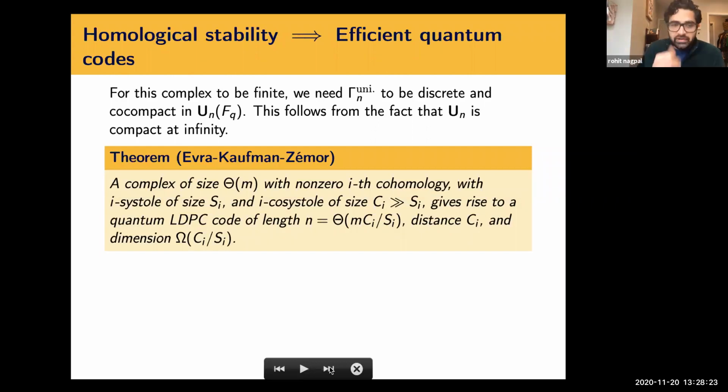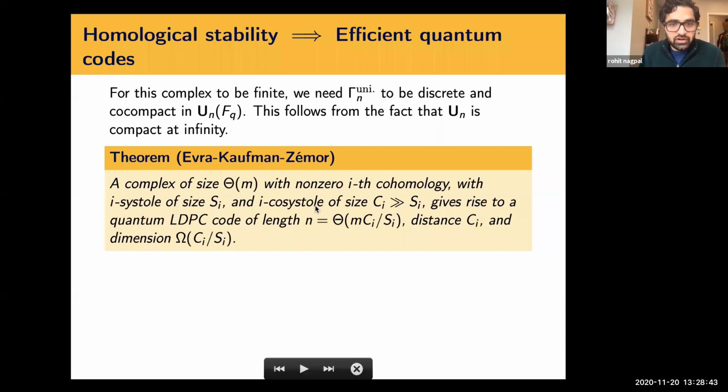The parameters for this code are going to be length, distance, and dimension. They are the parameters of a quantum code. Let's not go too deep into that, but the main point is that if you are starting with the Ramanujan graph, then it satisfies all these conditions about co-systoles and systoles already.